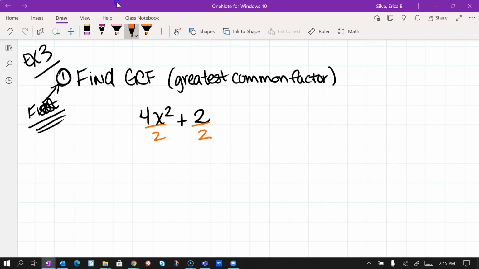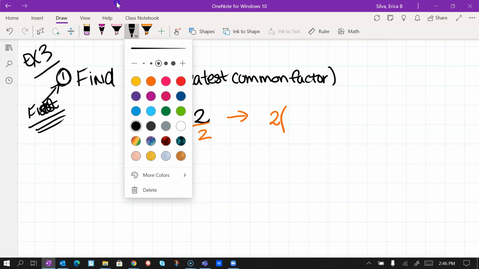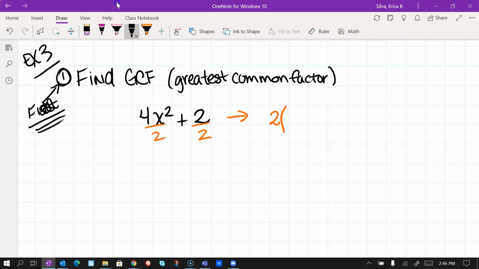Because we can divide 2 by both of them, we can factor it out. So then it's going to look like this. Whatever we factored out, we're going to put outside the parentheses. And after we divide is what's going to be inside the parentheses. So 4x squared divided by 2 is 2x squared. And 2 divided by 2 is a positive 1. And that's how you find out your GCF.